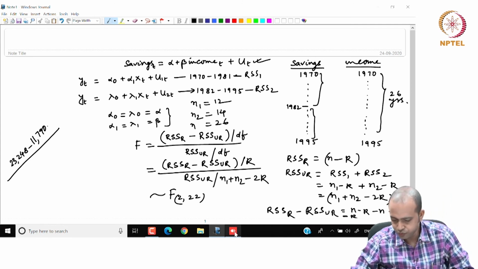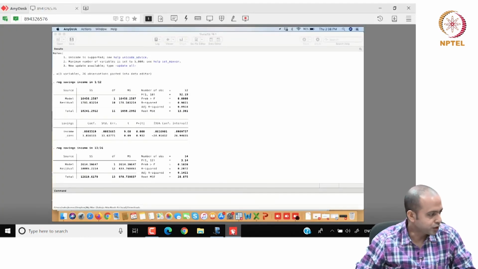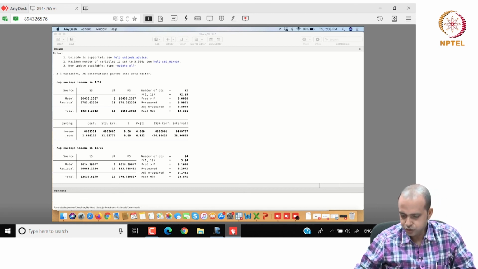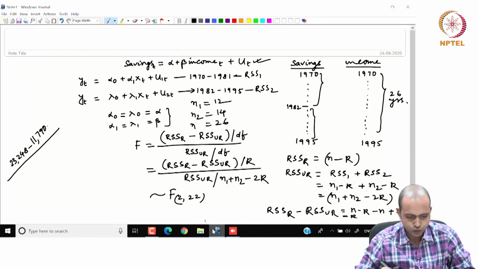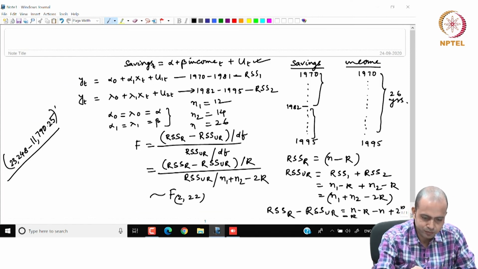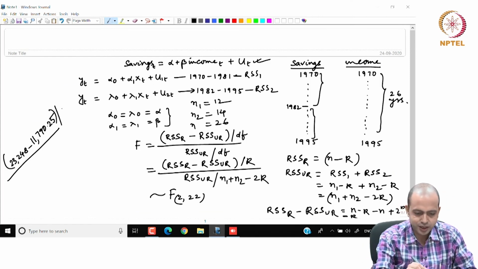If you are interested in the decimal part also, then it would become 0.03 plus 0.22, so it will come around 0.25. So, 11,790.25, and this you have to divide by k, where k is 2.